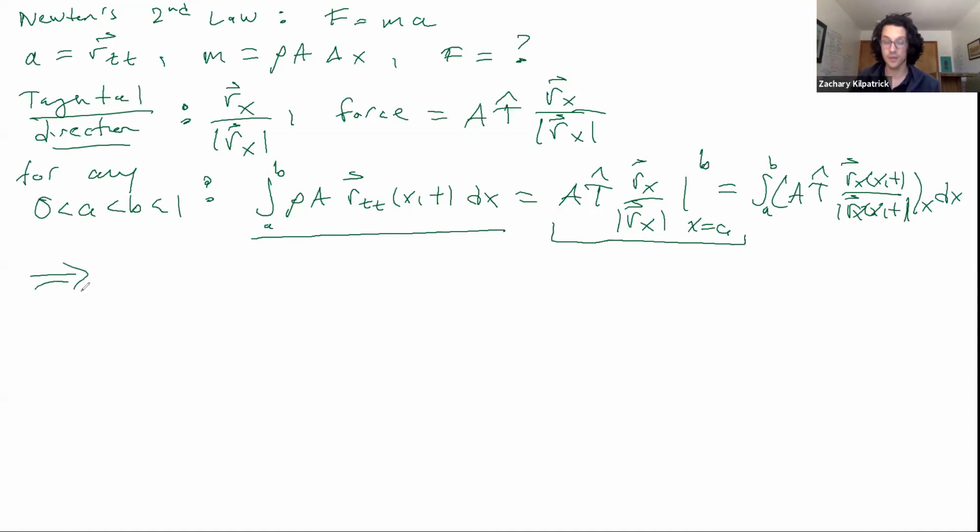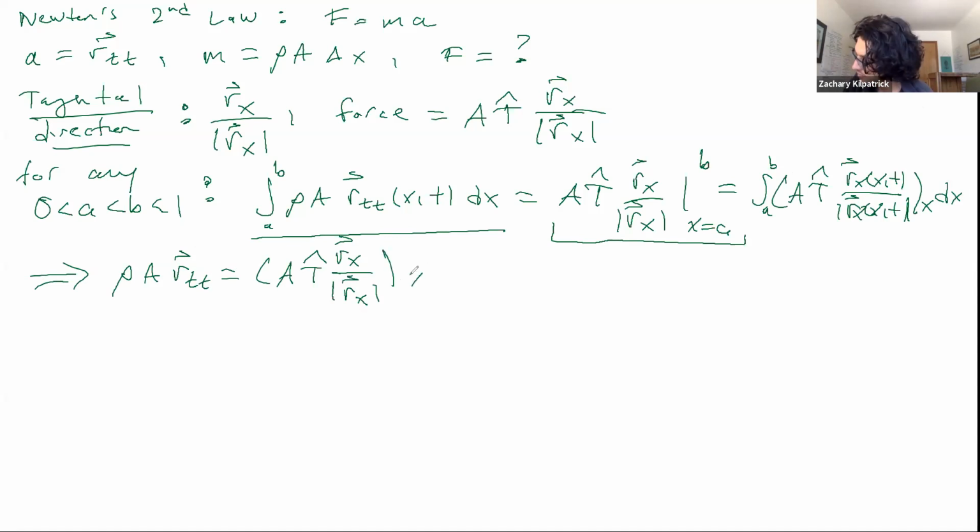So at the end of the day, what we have is rho A r_tt is equal to A t hat r_x divided by the magnitude of r_x, differentiated with respect to x.